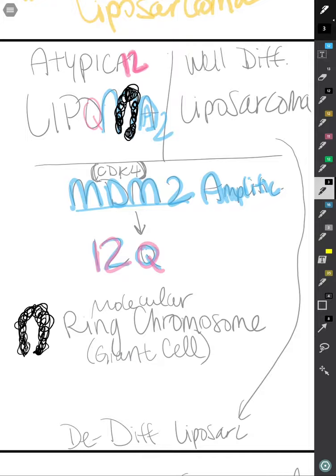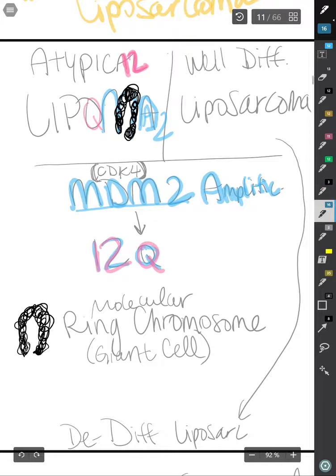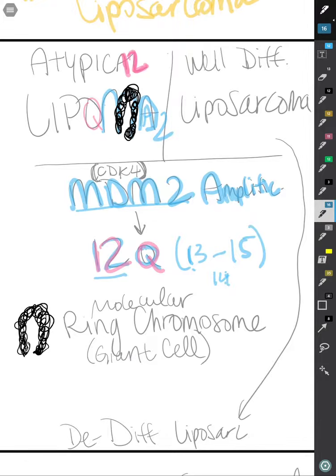Another thing, I don't know how in depth they'll do this on boards, but it's 12Q and then it's from 13 through 15. So the way to remember, I think it's just a knee-jerk reaction now, but 12 and then 13, 14, 15, and then I'm going to skip ahead, but we're going to come back to this.